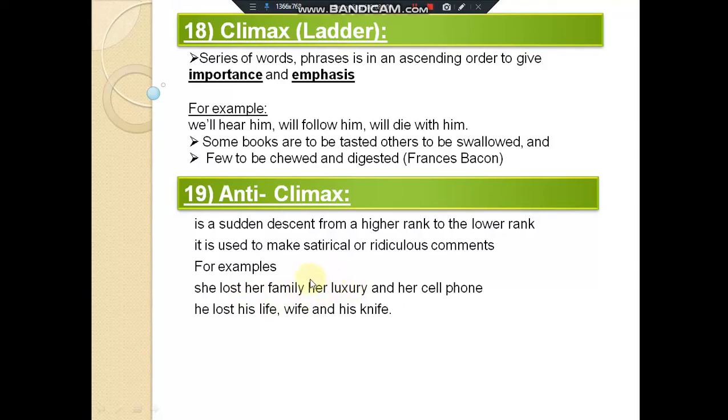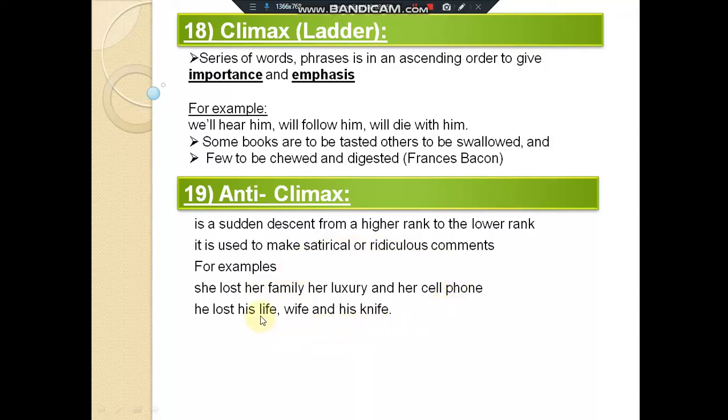When family is lost, luxuries do not matter. And then talking about the least one, the lower one, cell phone. When the family is lost and all the luxuries are lost, does a cell phone have any importance? So he started from the high rank, the upper level of things, and went to the lower one.